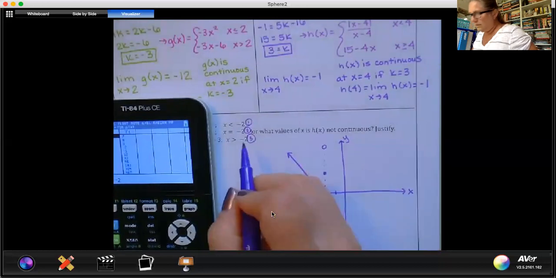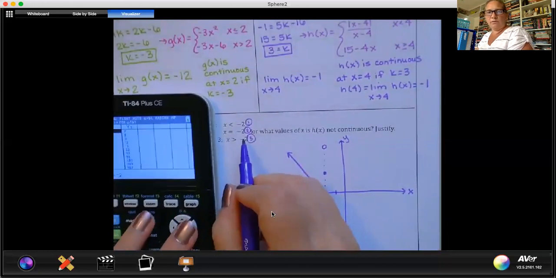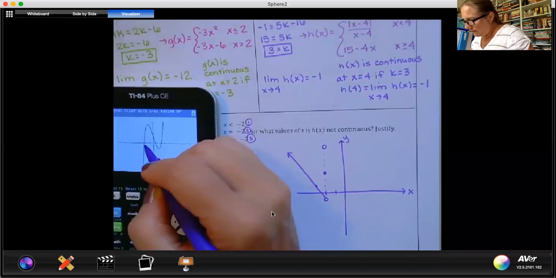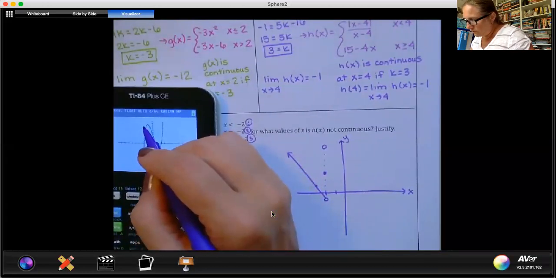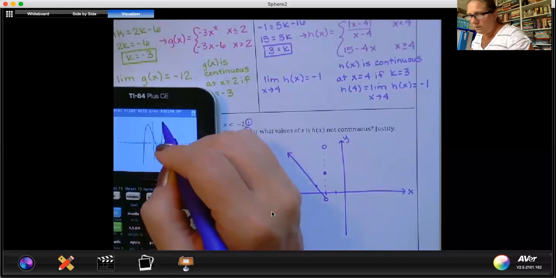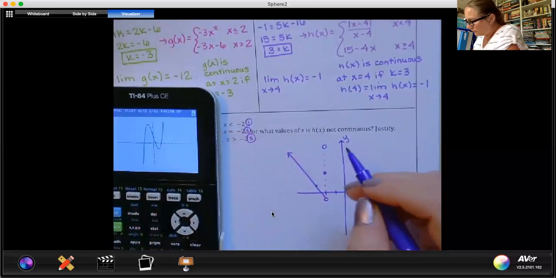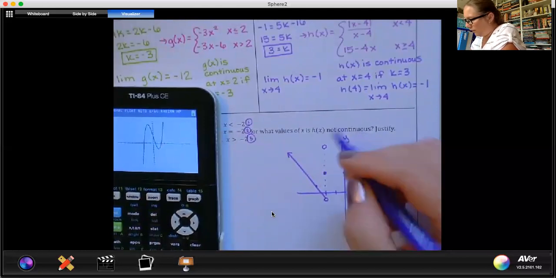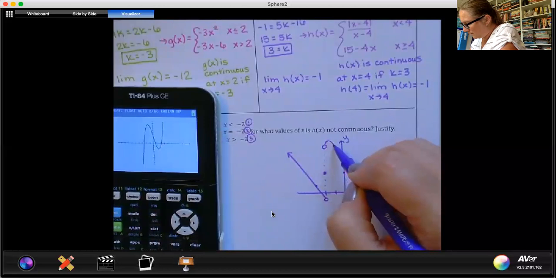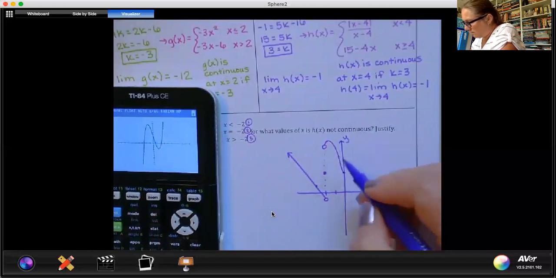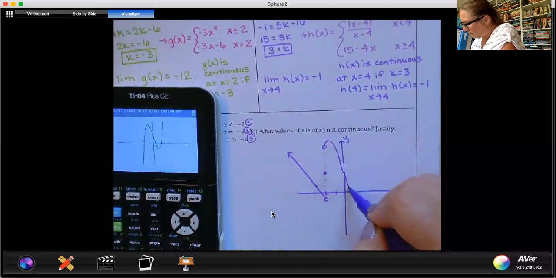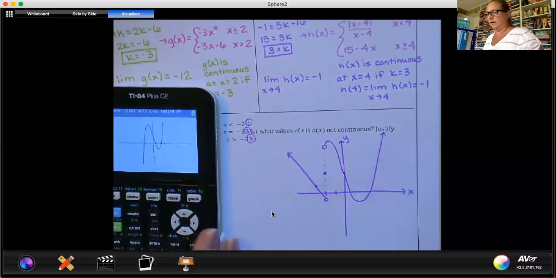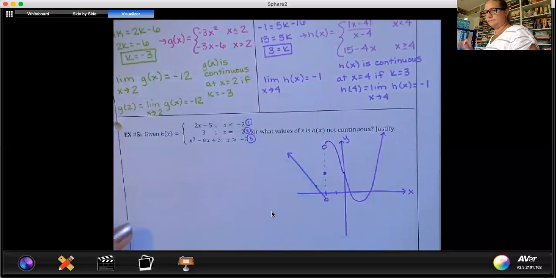And it's open because it's greater than, not greater than or equal to. And then -2 here. So it's just going to kind of curve here. Looks like 3 is going to be a point on your graph as well. So we're just going to sketch it. And it's going to come below the x-axis and go back up. Again, this is not on graph paper, so it's just a sketch.